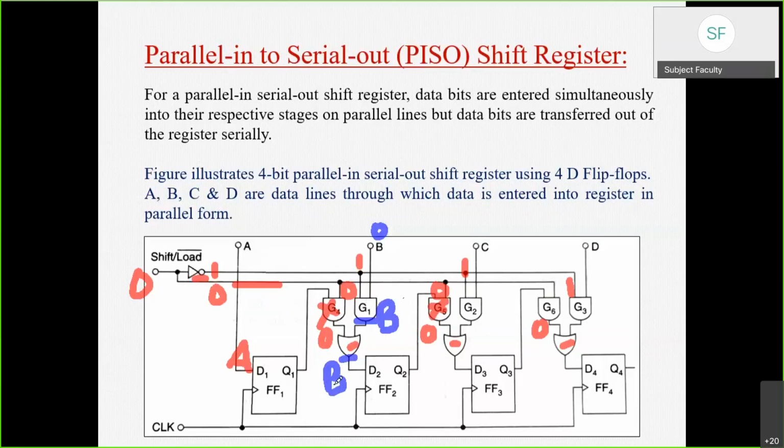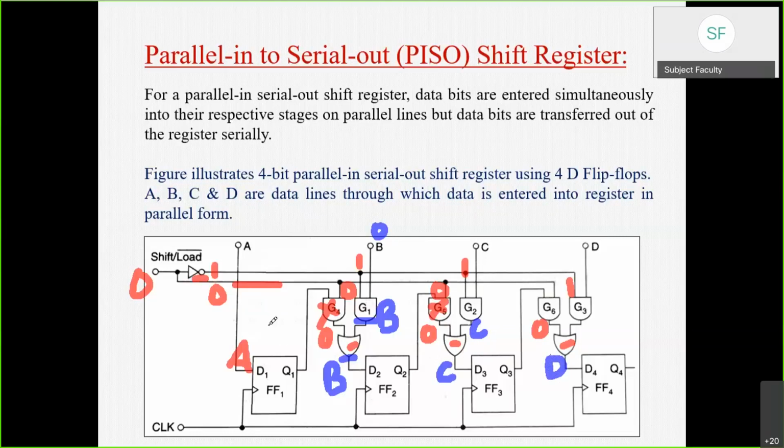If B is 1, the output becomes 1. Similarly, the same logic can be applied here. Since G5 is disabled and G2 is enabled, C will come at the output of G2. Again, for this OR gate, one input is 0 and the other input is C, so C will be given at the input D3. Similarly here, D will be applied to D4.